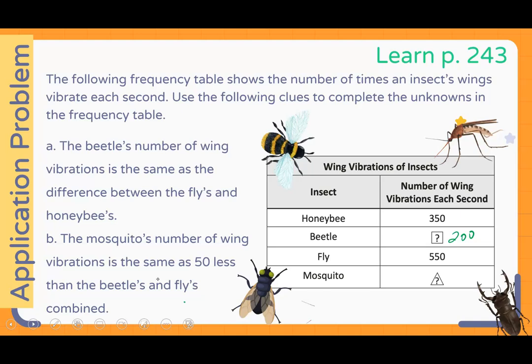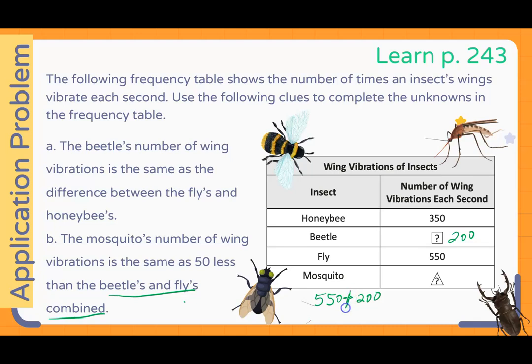Okay, so what we have to do first is find what the beetle and fly combined is. So beetles we know was 200, and the fly is 550. So we're going to do 550 plus 200.